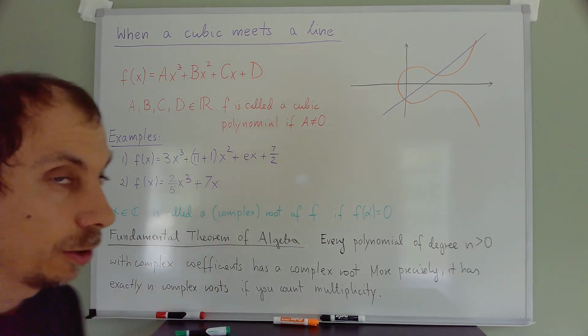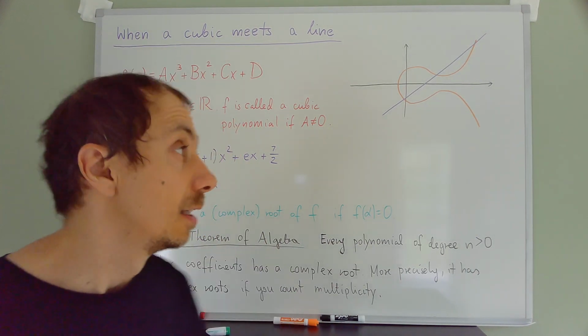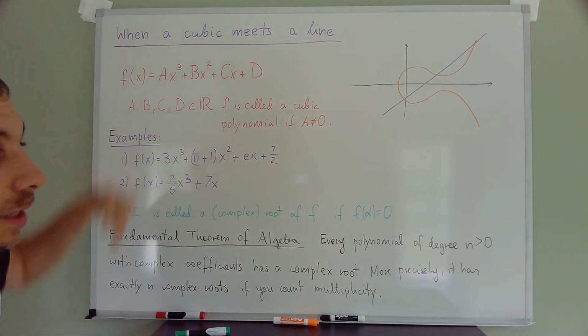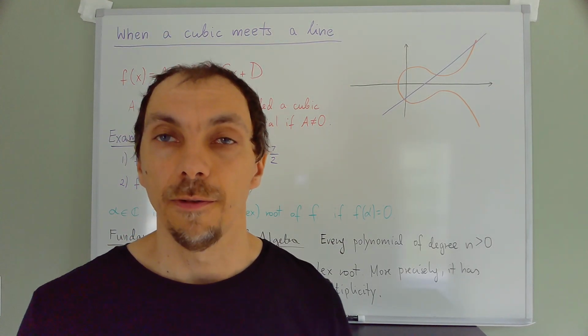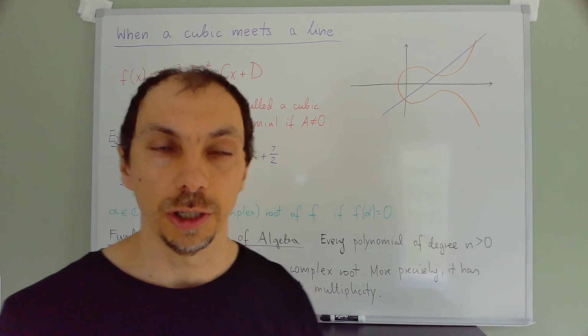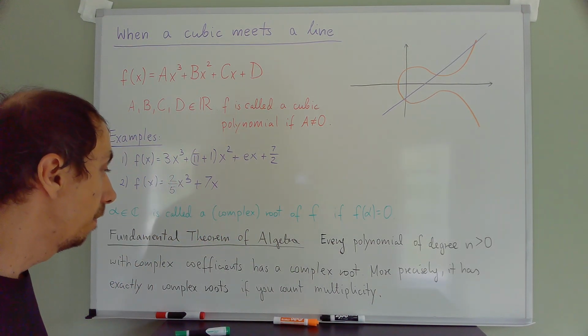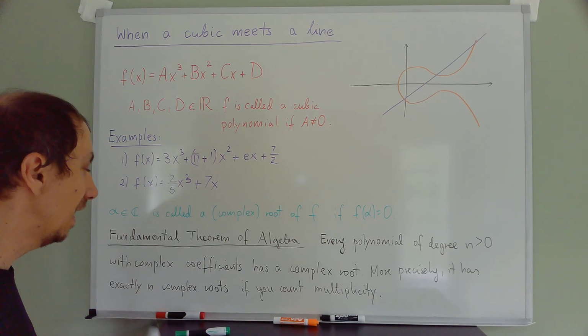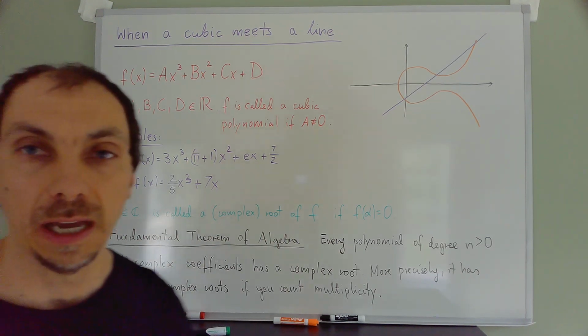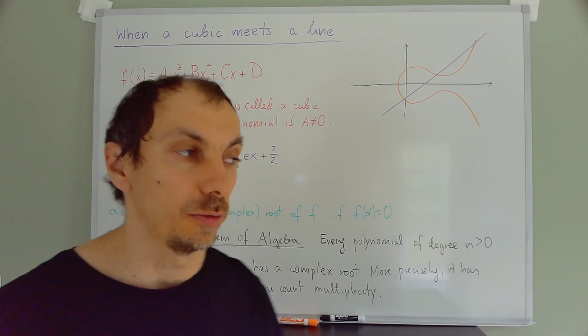Well, what's the degree of a polynomial? That is the largest power of x in the polynomial that has a non-zero coefficient in front of it. So the degree of a cubic polynomial is 3. So exactly n complex roots, so a cubic would have exactly 3 complex roots when you count it with multiplicity.